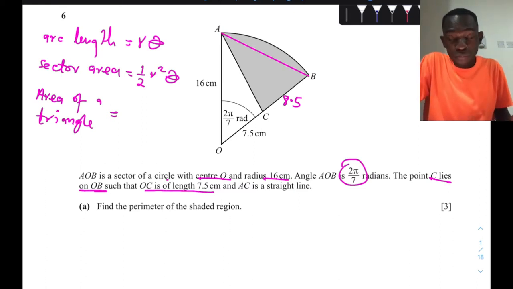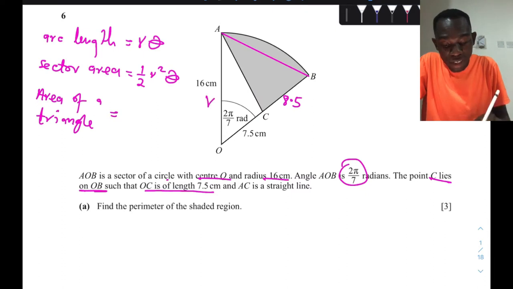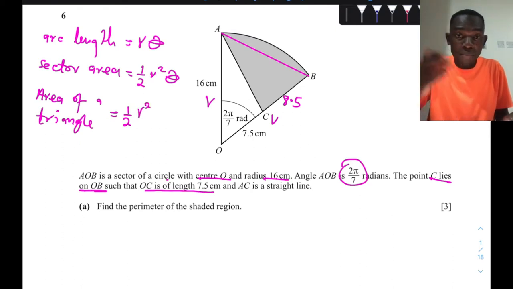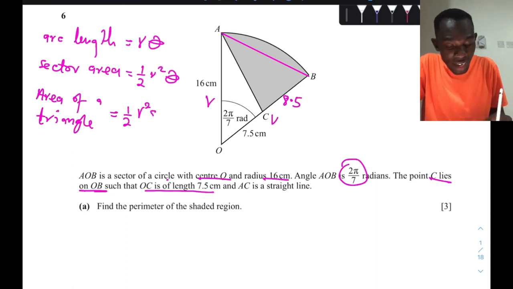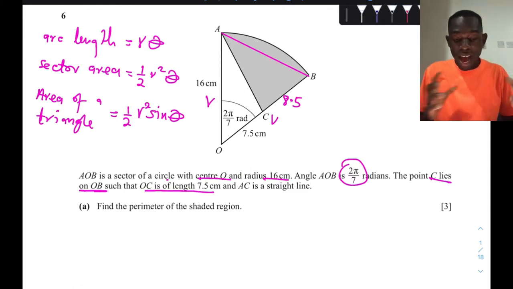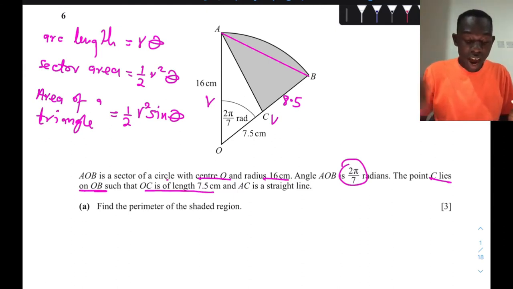If I want to find it, and this is radius, that is radius, remember it's half ab sine theta, so sine the angle in between it. And a and b are the sides, so I can just write half OB OA sine the angle between them. But since they are both radii, then I can say half r squared sine the angle between them.